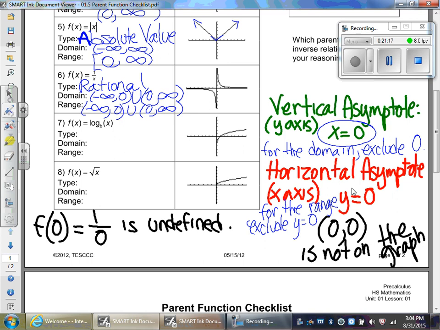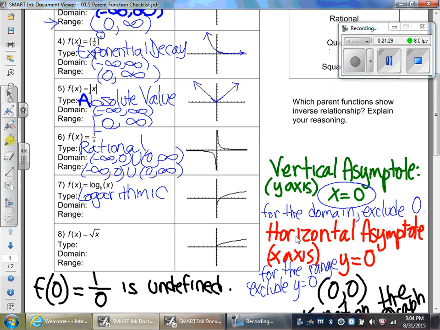Number 7, it is the logarithmic function. And something interesting about those functions is that they are inverses of exponentials. Okay?